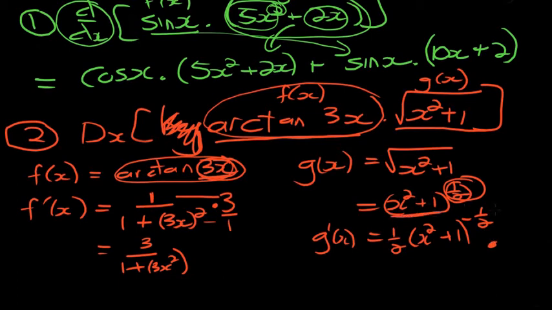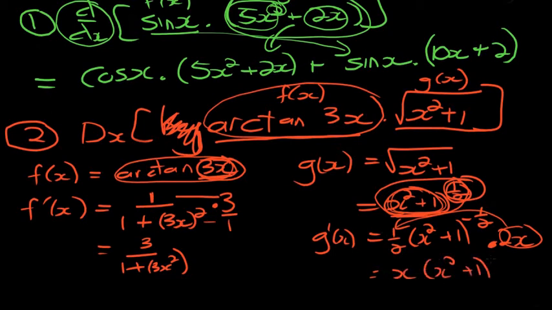This is again the chain rule, so you differentiate the big function and then multiply it with the derivative of the inside function. The derivative of the inside is just 2x. So 2x times a half is 2x over 2, so it will just be x to the power of negative a half.